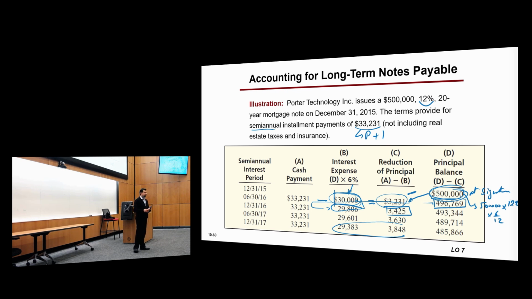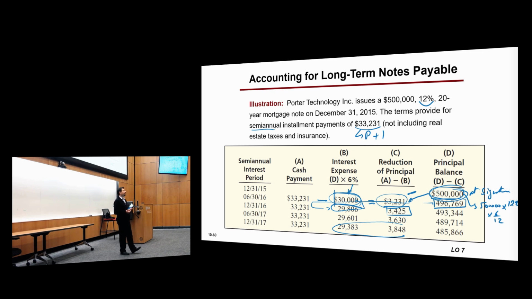Sorry, I said the carrying balance in the principal. And then when we subtract interest expense from the payment, from the semi-annual payment, that will give us the reduction in principal. We subtract the reduction in principal from the balance in principal, that will give us the new balance in principal.